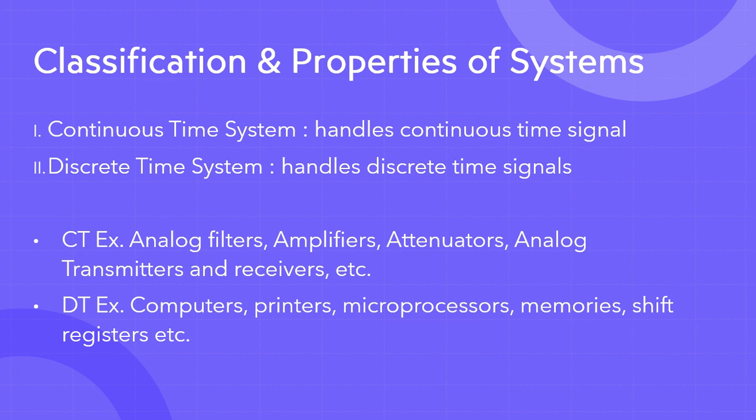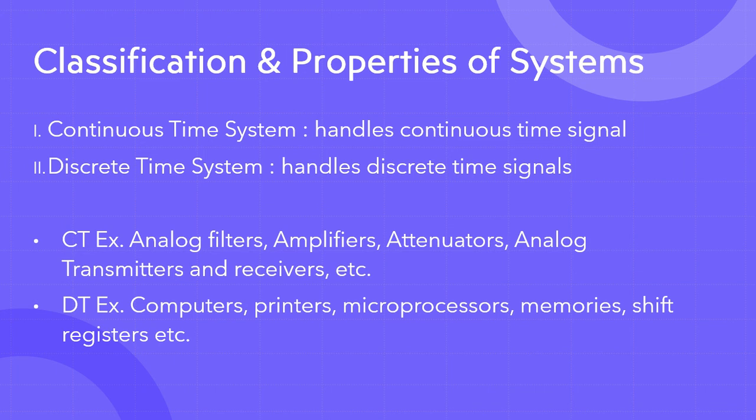The continuous time system handles continuous time signals, and a discrete time system is a system that handles discrete time signals, right? Pretty much self-explanatory.